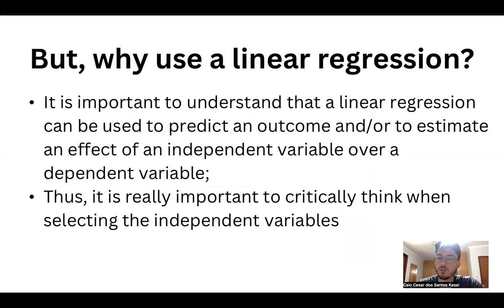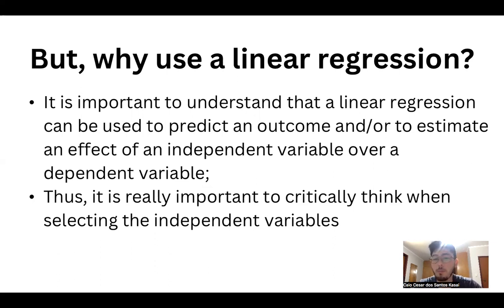But what is really important for us clinicians and researchers is to understand why to use a linear regression. A linear regression can be used to predict an outcome, as we did with Julia, and or to estimate the effect of an independent variable over a dependent variable, to look for the relationship between two variables.